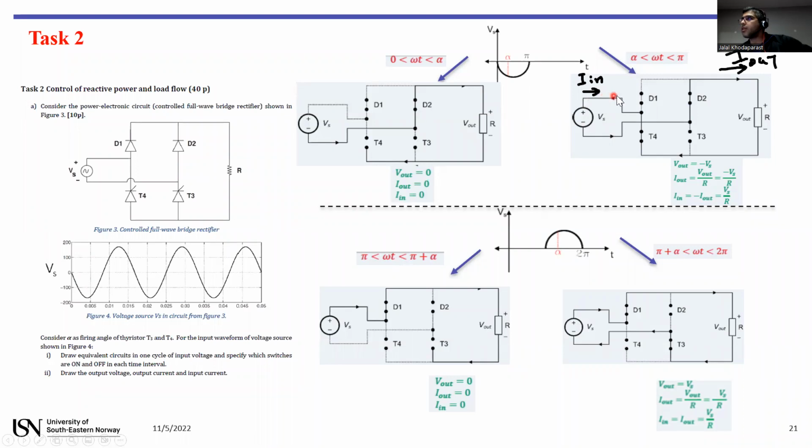If we have a current in this way, it goes this way, here, here, here, and the opposite side of the output. So the input and output currents are in different directions. That's why I wrote it this way, negative of the output current. So now we evaluated the circuit in different conditions.